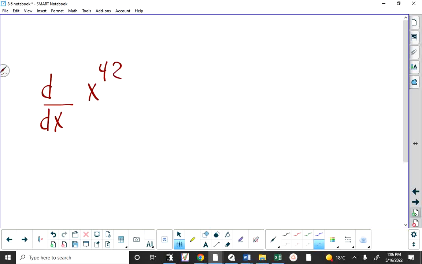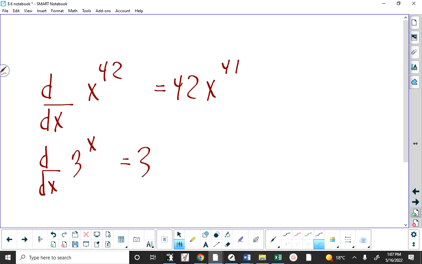You can differentiate that with the power rule. It's 42x to the 41. You have a rule for differentiating something like 3 to the x. I'm going to ask you to look at your formula sheet. It's 3 to the x ln 3.